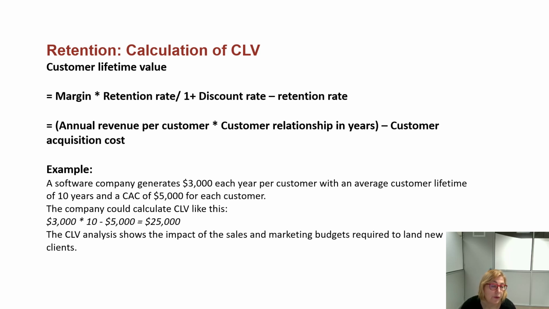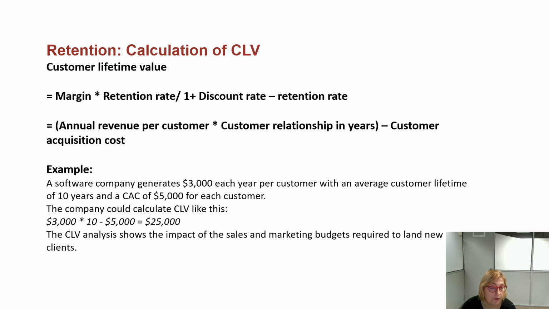An example: you have a software company that generates $3,000 every year per customer with an average customer lifetime of 10 years and a CAC of $5,000 per customer. The company could calculate CLV like this, right?